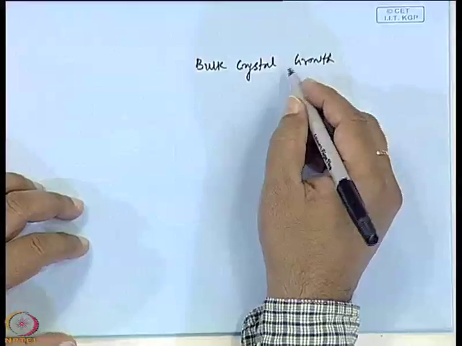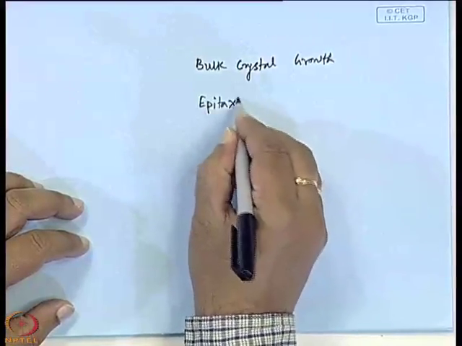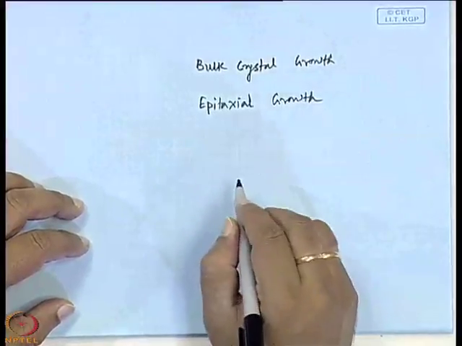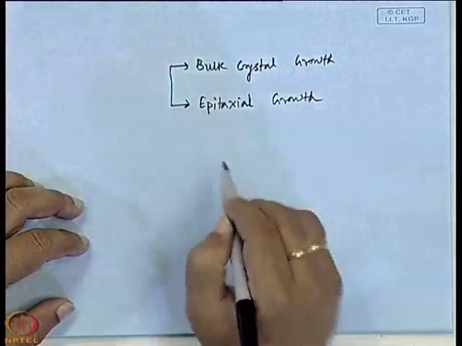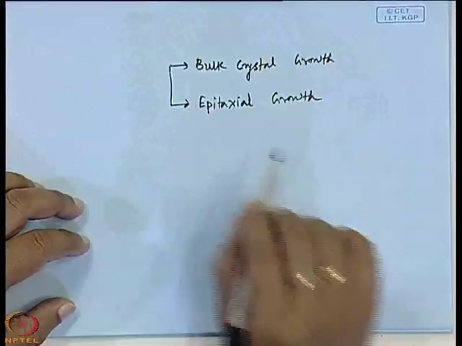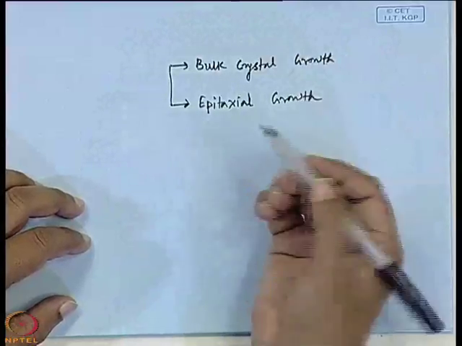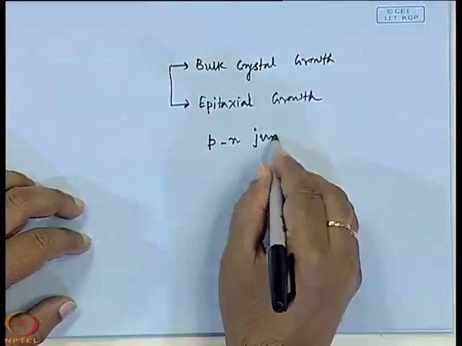Then we concentrated our discussion on epitaxial growth of different materials. So mostly we have concentrated on these two aspects, one is bulk and the other is epitaxial crystal growth. In some cases we have even grown the p-n junction as a test case.